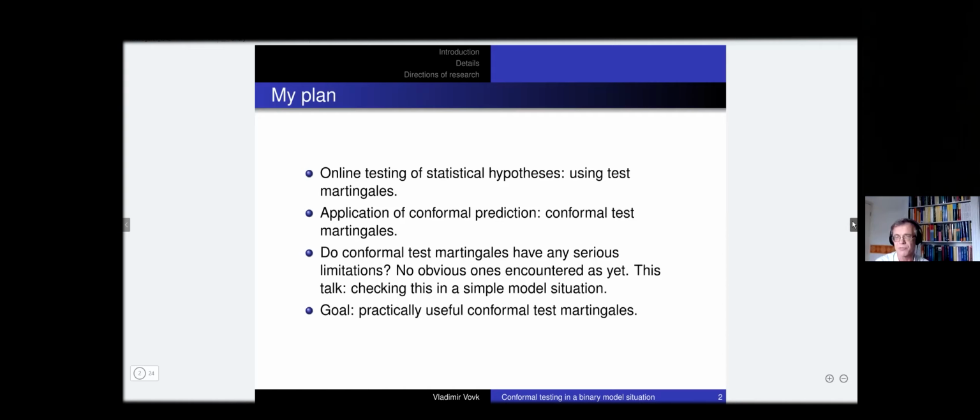You can design conformal test martingales using conformal prediction. A natural question is if conformal test martingales have any serious limitations. So actually, when we introduced conformal test martingales already in our 2005 book, at that time, I believed that conformal test martingales must have some limitations.